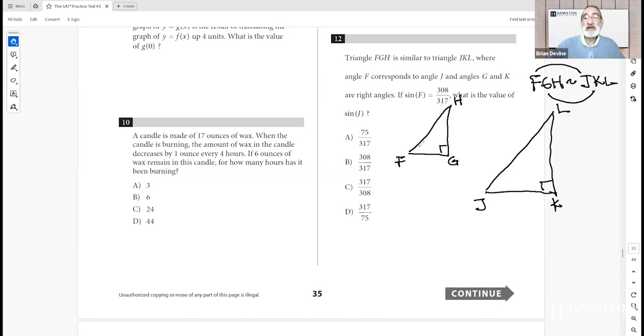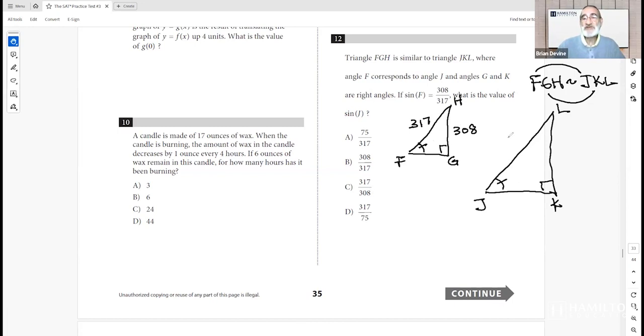They told me that they're similar, so J and F are given to have the same measure. And sine F would be opposite 308 over 317.